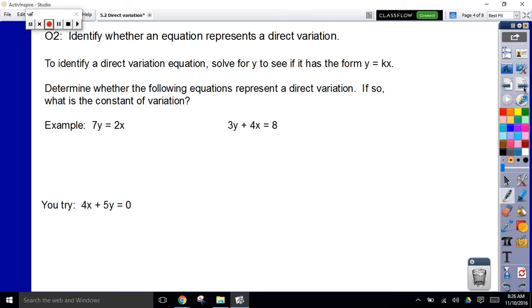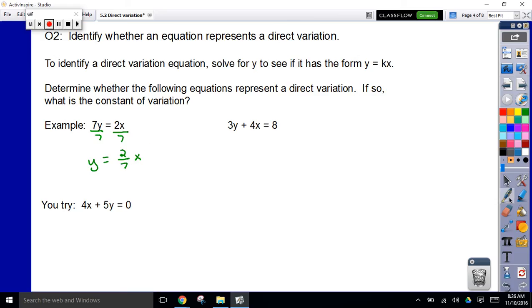Do you remember doing that? That was hard, I remember. But it's not so hard when you're just solving for y. So we need to get y by itself. How would we get rid of the 7 in front of the y? Gretchen? Let's divide. So we're going to divide by 7. We end up with y equals, I'm going to write it as 2/7 x.